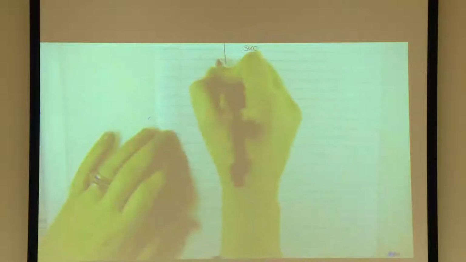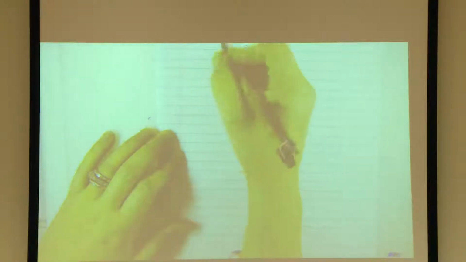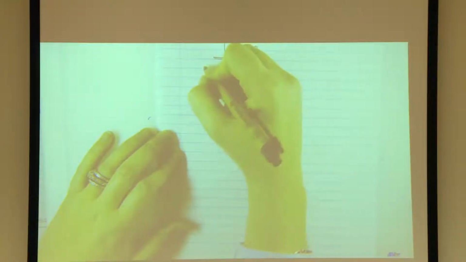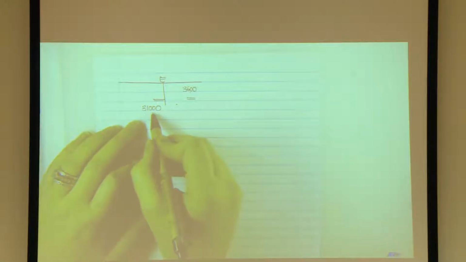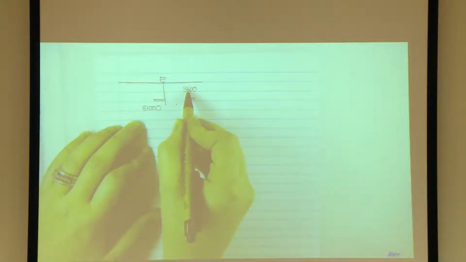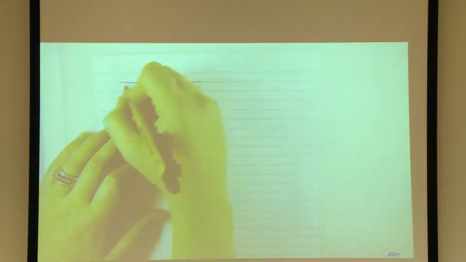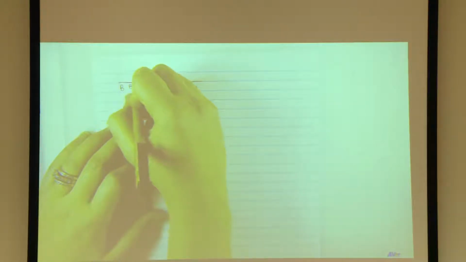So it means that 31,000 is after they've taken out the cost of the asset which I sold. So what is my balance in the beginning?